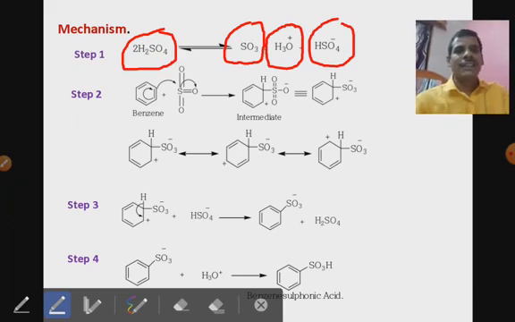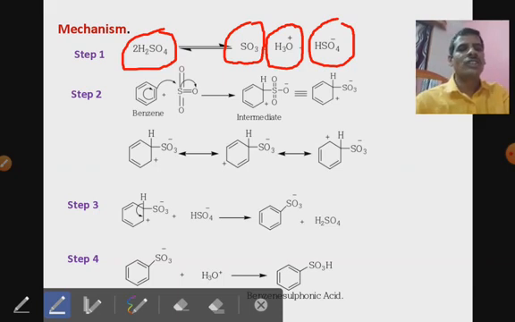In the second step, we know that benzene contains pi electrons. This pi electron attacks the sulfur, and the sulfur-oxygen double bond shifts toward the oxygen, because sulfur already carries a delta positive charge and oxygen carries a delta negative charge.